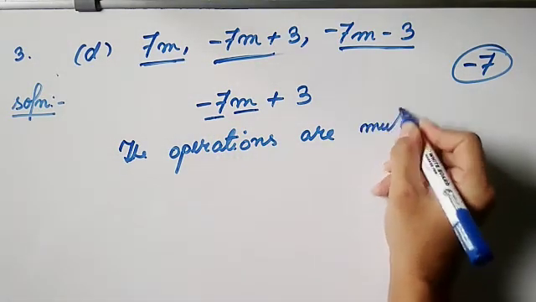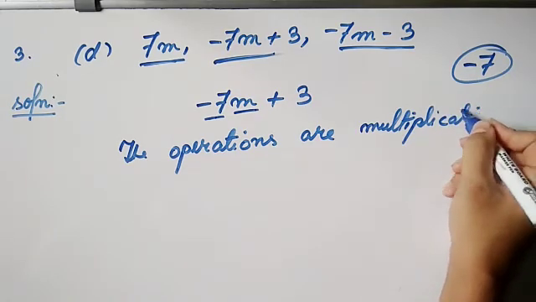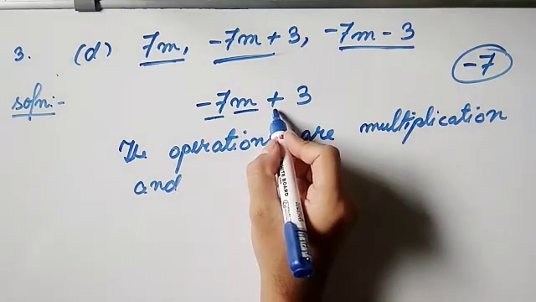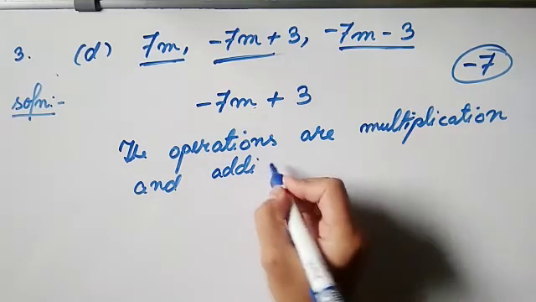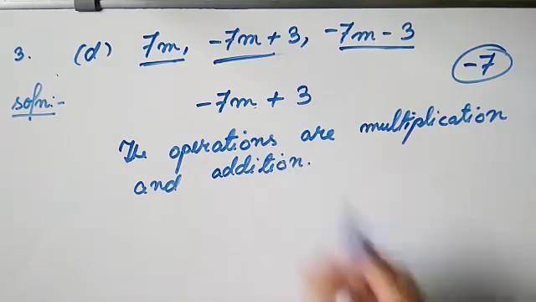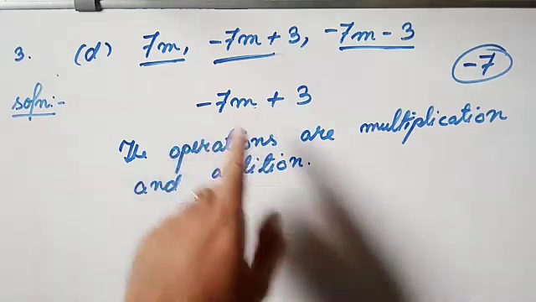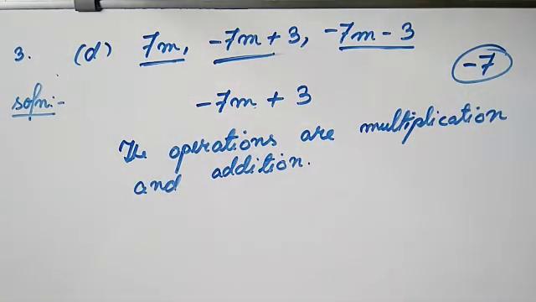So we must start with multiplication. Then after that, what is the sign here? Yes, addition. Understood, student? This minus is not the operation. This minus is for the number minus 7. So don't make the same mistake.